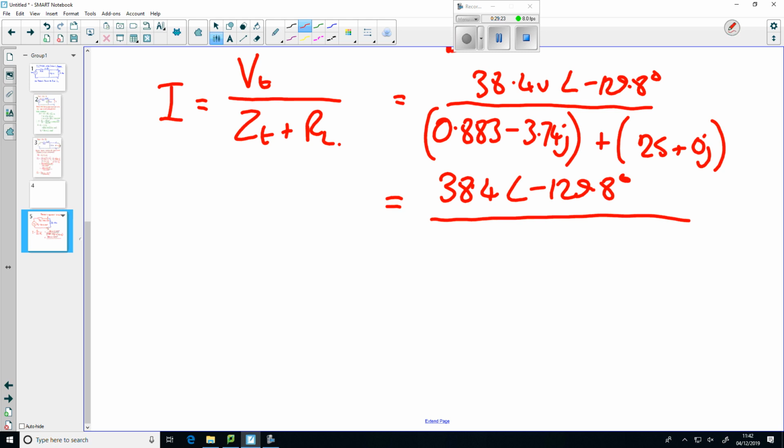So we go 3.74 plus 0.883, minus 0.74. Now we want to put that denominator back to polar form.